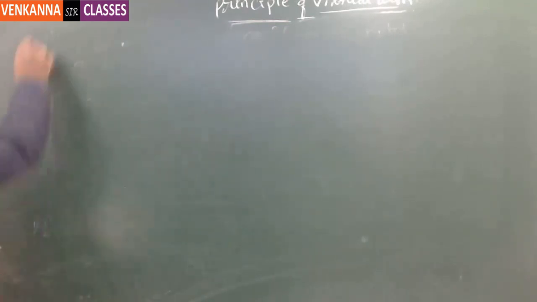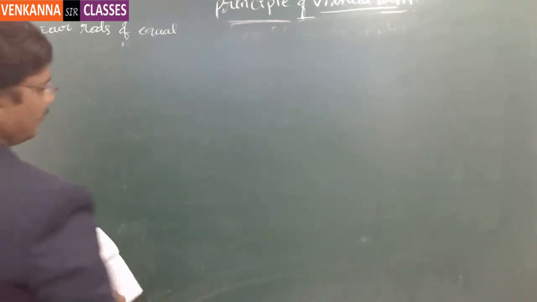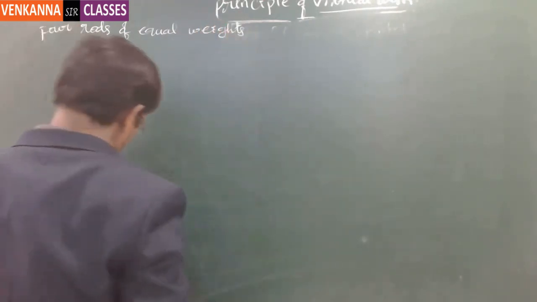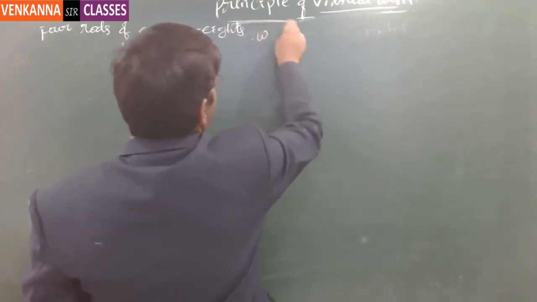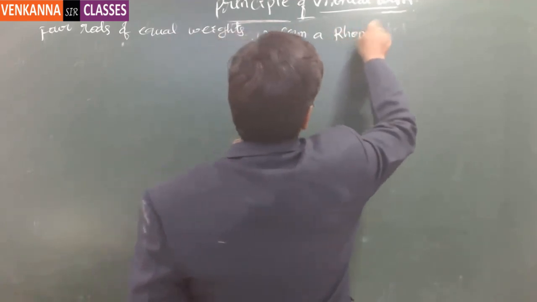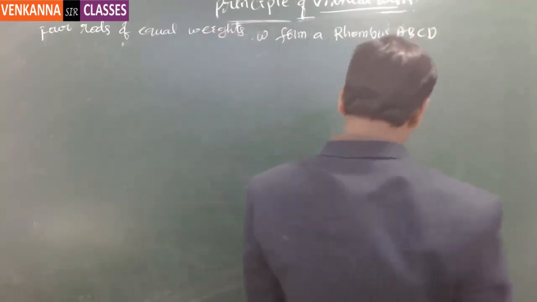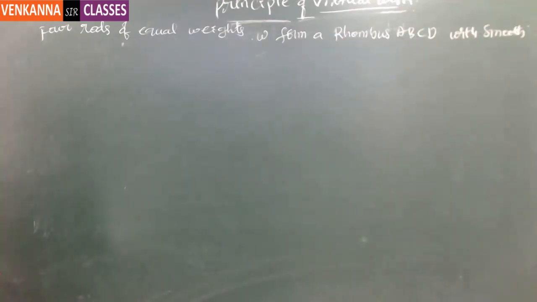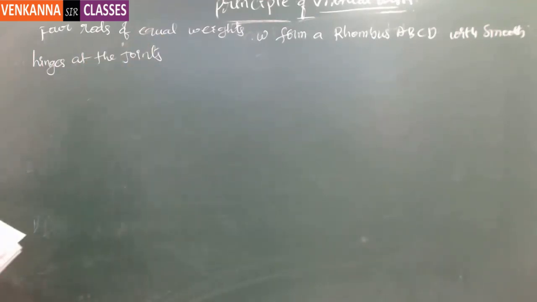Four rods of equal weights W form a rhombus ABCD with smooth hinges at the joints. So earlier, in the problem statement, the rods had no weight, but now they have equal weights.